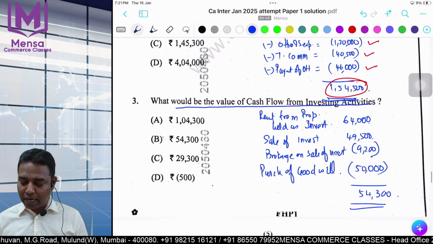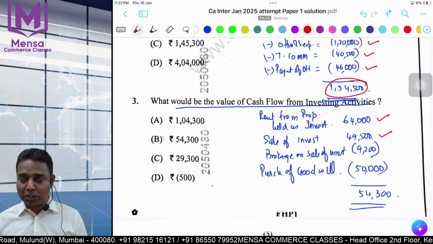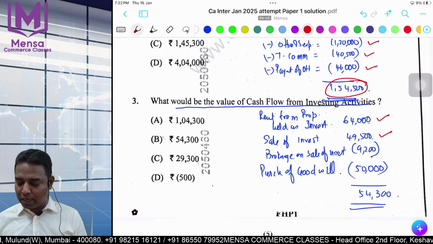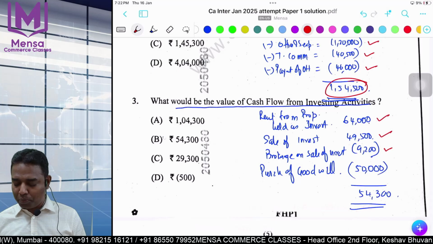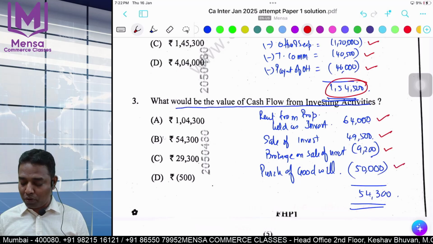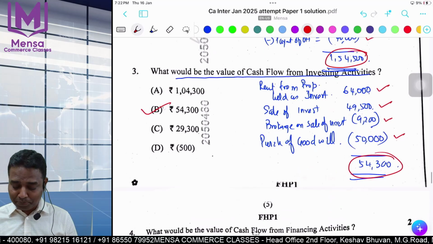We had picked up rent from property held as investment and sale of investment, these two are inflows. Then brokerage on sale of investment is negative, that's outflow. Purchase of goodwill is negative outflow, 54,300, that is your option number B.